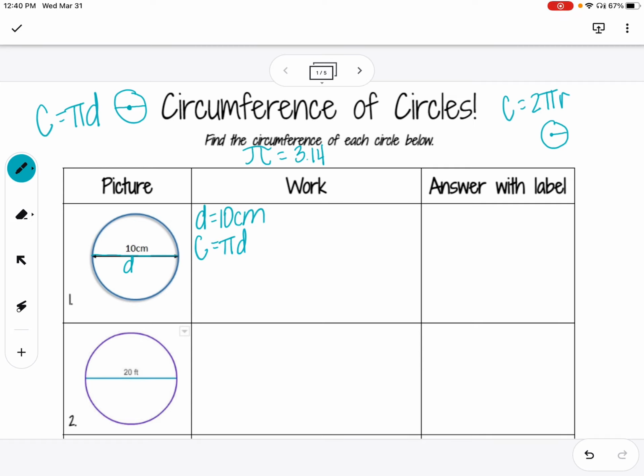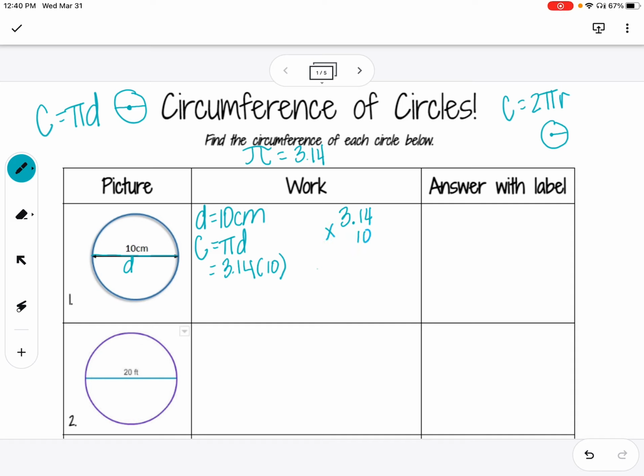Circumference equals pi times diameter. And once I have that written, I'm going to plug in the actual values. So the value for pi is 3.14, and the value for the diameter is 10. So 3.14 times 10.